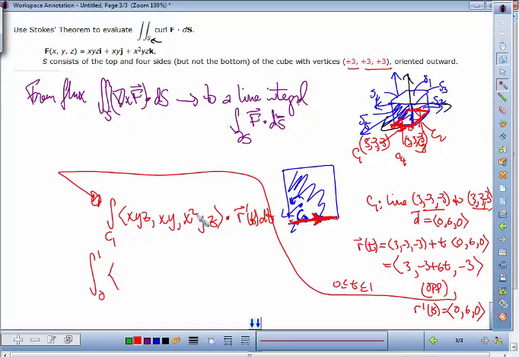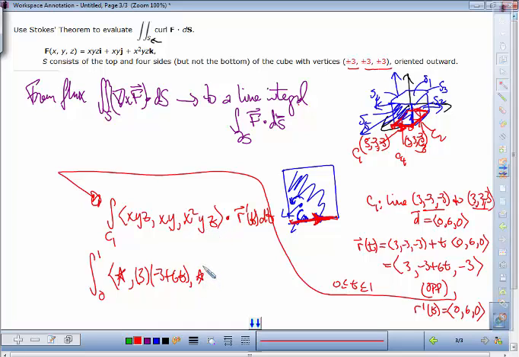So it looks like the first component and the last component of the vector field is going to be 0 anyways, right? So I'm just going to put a star here, and then I'm going to put x is equal to 3, y is equal to negative 3 plus 6t, and then z is negative 3.